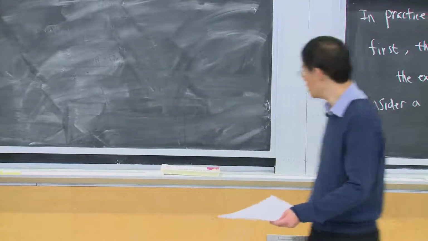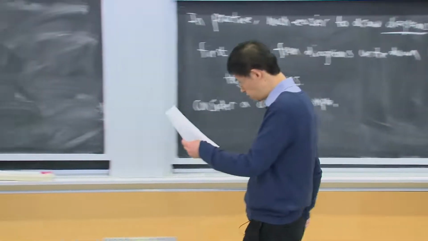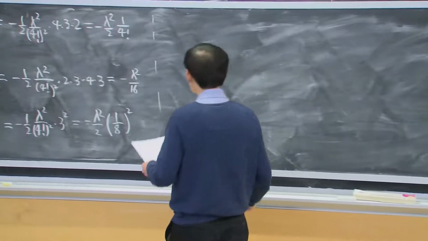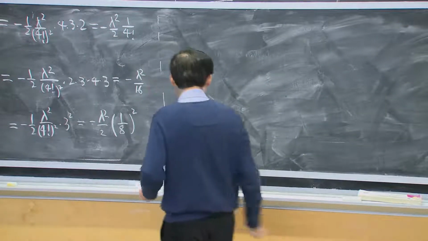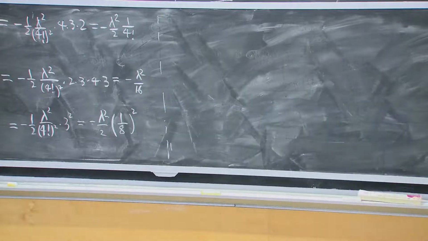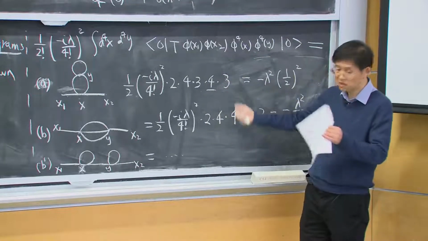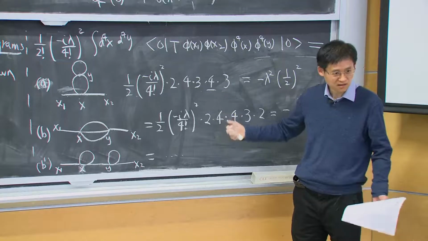Here we can already observe some patterns. You can do this for each individual diagram. But if you try to count this way, as we are doing here, even though it's not difficult to do, it's still tedious.